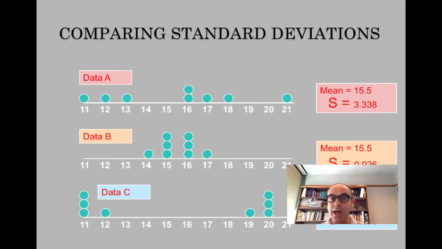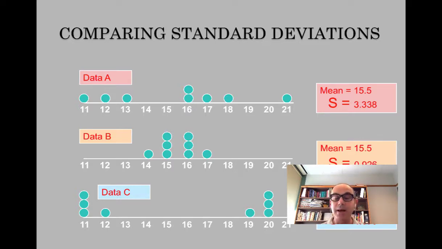In this case, I have 3 data sets, A, B, and C. The mean in all those data sets is equal, and it's equal to 15.5. But when we take the standard deviation, you see the difference between those 3 data sets.